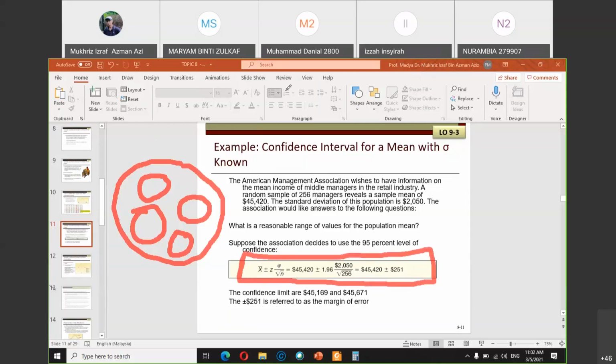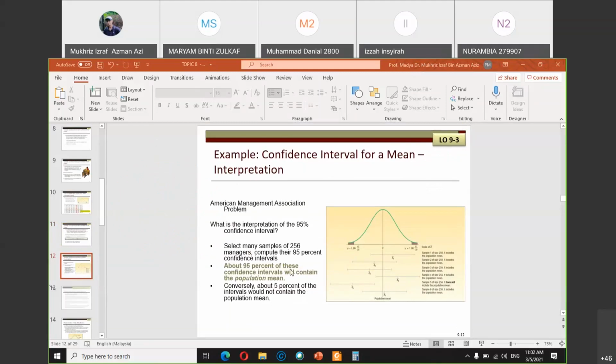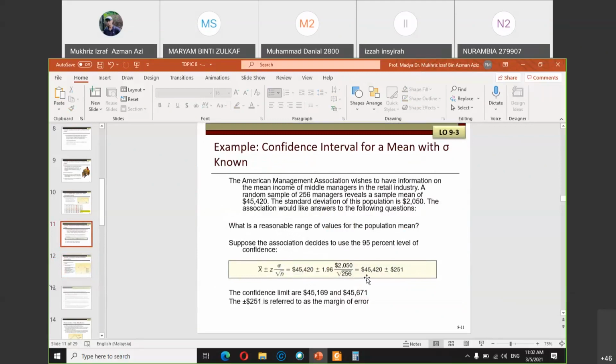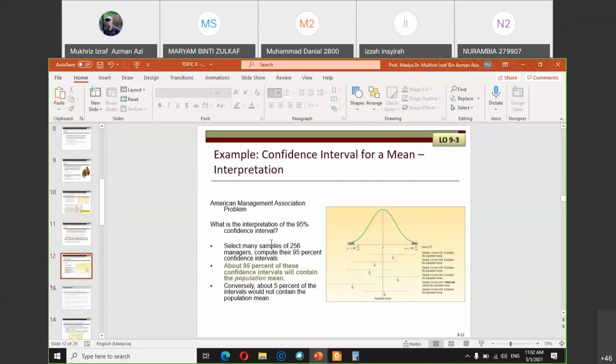What the statement means is, you take a first round of 256 from that pool, and then you take another 256 from the same pool, from the same population. You repeat the process. Every time you collect 256 samples, you determine the confidence interval, and then you repeat this many times.